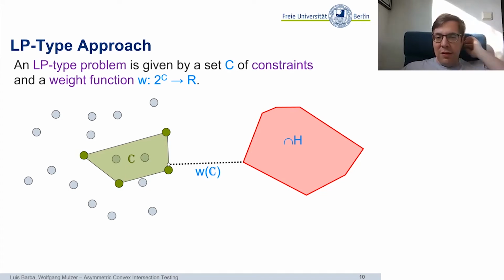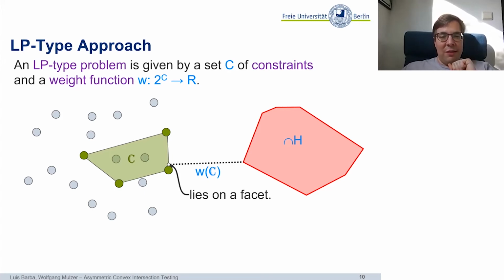So the distance might not be defined by just one point of the subset of the constraints, but by several points. But, and this is the important point, only by points from the constraints that define a face of the convex hull. This means that the number of points in a subset of constraints that define the weight function is always bounded.